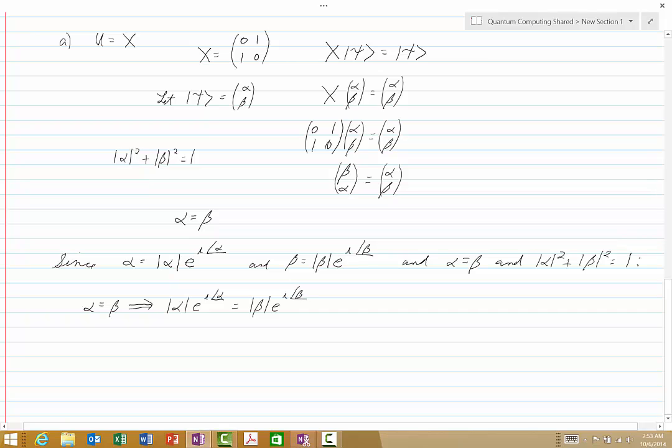Now, at least one of these magnitudes must be non-zero. We know that because if both of them were equal to 0, then we could never get that the magnitude of alpha squared plus the magnitude of beta squared is equal to 1. So since at least one of these is non-zero, we can divide by that one.